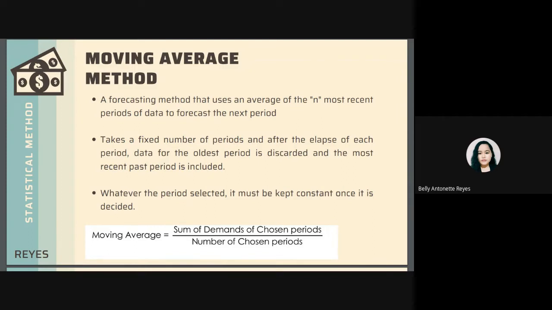The company would specify a certain range of periods to be used, and the sum of the demands of the chosen periods will be averaged by the number of periods chosen. Whatever the period selected, it must be kept constant once it is decided. Hence, we have the formula: the moving average is equal to the sum of demands of chosen periods divided by the number of chosen periods. Next slide, please.